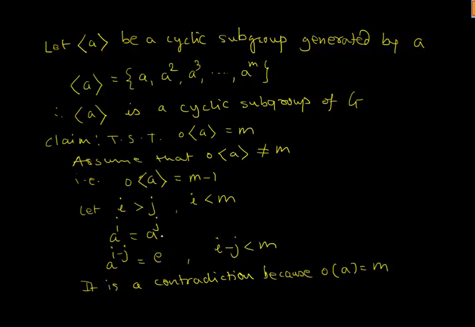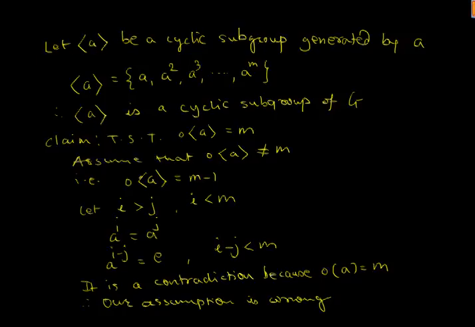Therefore our assumption, that the order of a is not equal to m, is wrong. So what will be the correct assumption? The correct assumption is that the order of this cyclic subgroup is equal to m.